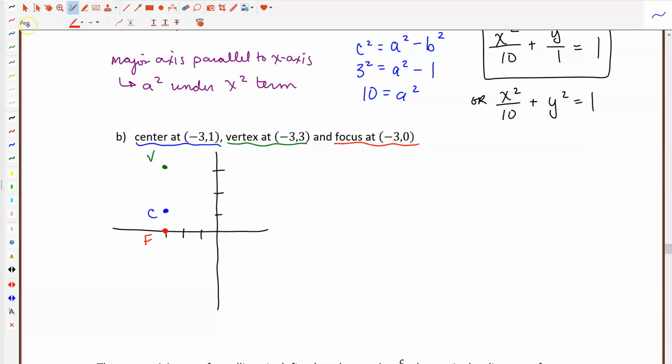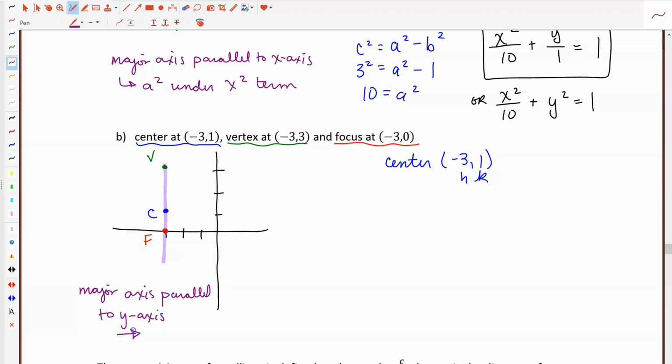All right, so we know a lot of information. Since I'm given my center at -3, 1, I have my h and my k. I can also identify this is my major axis. Your major axis is parallel to the y-axis, which tells me that the a squared is going to be underneath my y squared term.